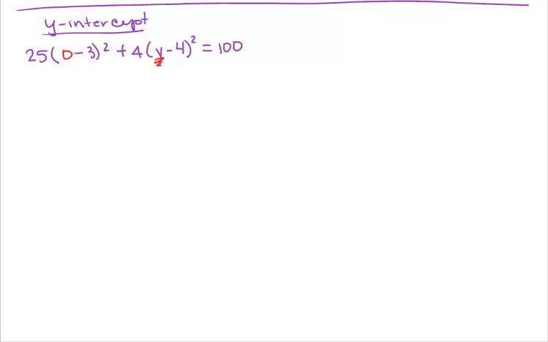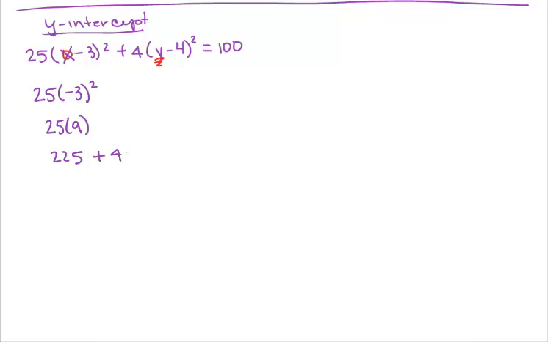On the left, simplifying, getting rid of this 0, I have 25 times negative 3 squared, or 25 times 9, or 225.